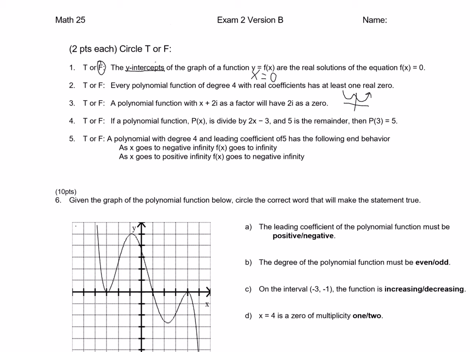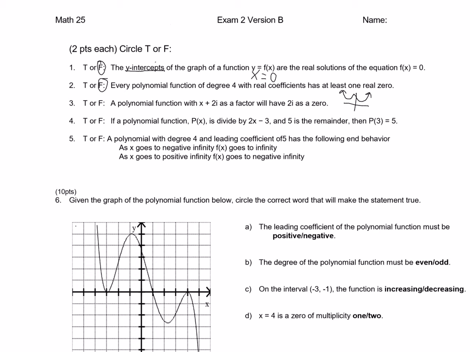Does this polynomial ever cross my x-axis? Well, the answer is no in this particular case. So for that reason, this would be false because every polynomial function of degree 4 with real coefficients does not have at least one real 0. All these zeros would be imaginary because none of them actually crossed here.